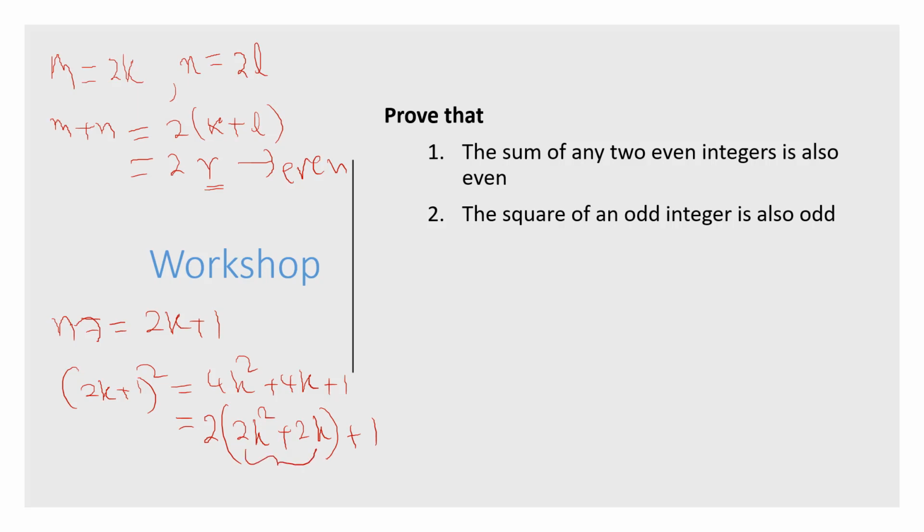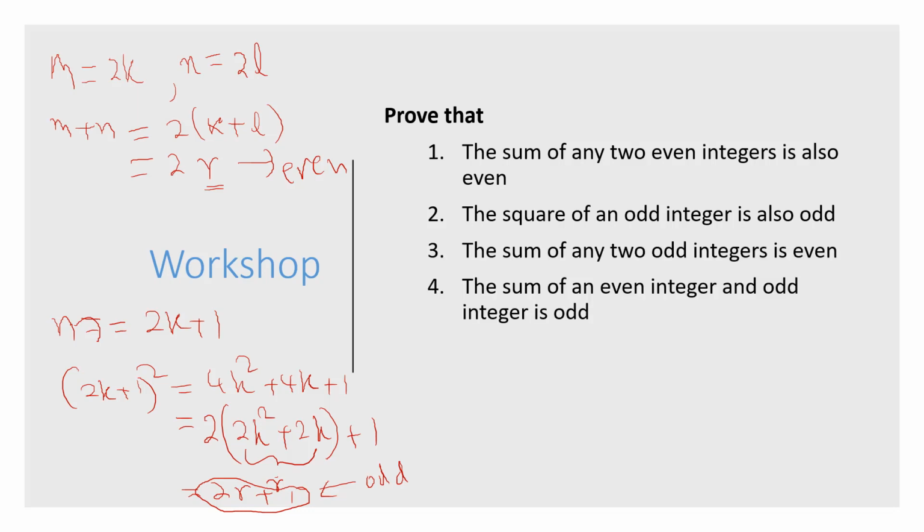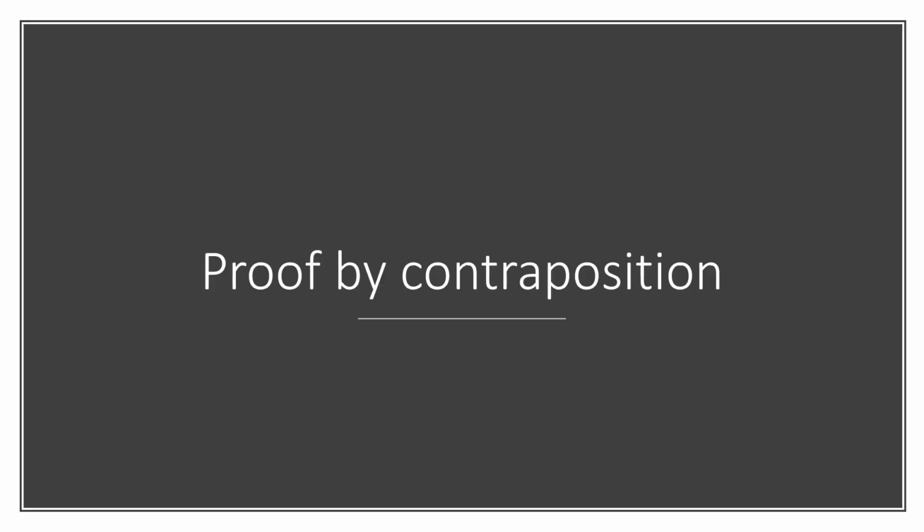Let's call the quantity in parentheses r, so we have 2r plus 1, and that's the definition of an odd number. So as you can see, we use the definition of an even number and an odd number to get the results we want. You can try the other problems yourself.